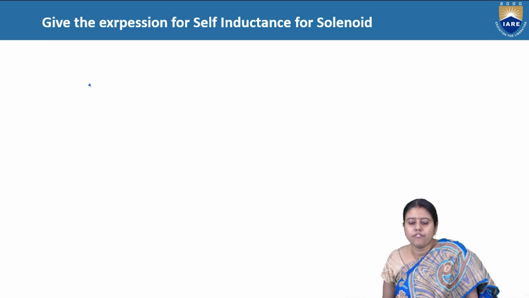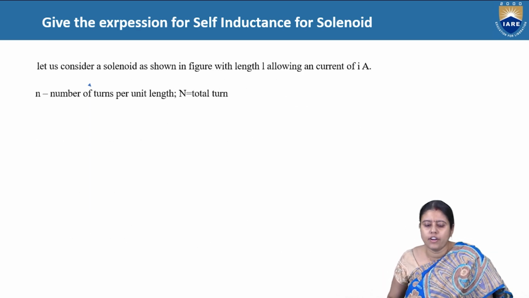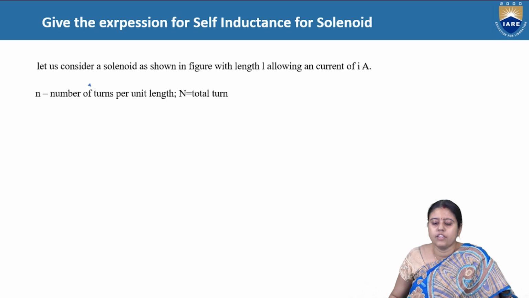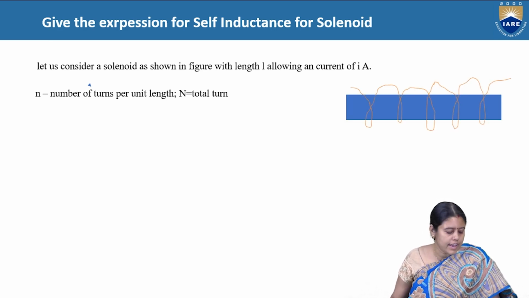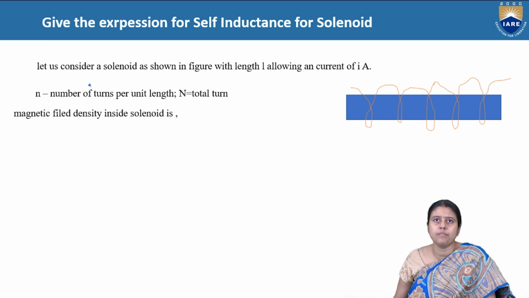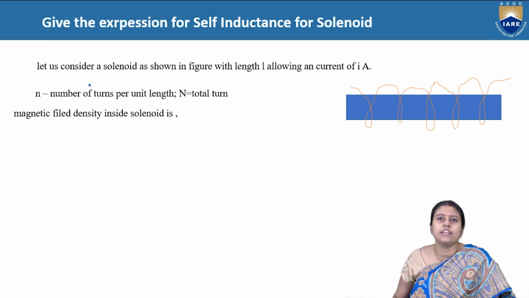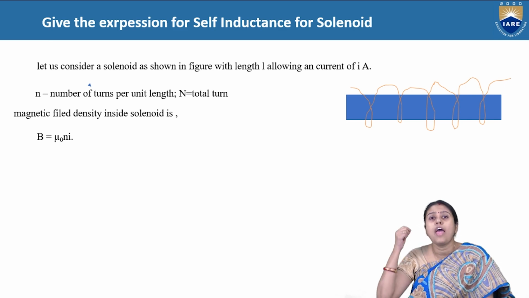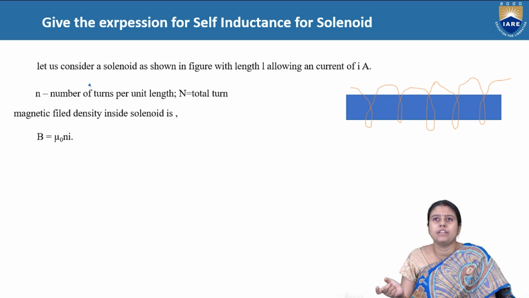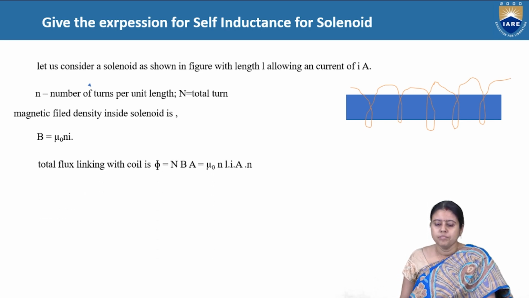Give the expression for the self-inductance of a solenoid. Let there be a solenoid as shown in the figure, where small n is the number of turns per unit length and capital N is the total number of turns. The magnetic field intensity inside the solenoid is H equal to n into I, because the unit of H is ampere turn per meter, and n is the number of turns per unit length.